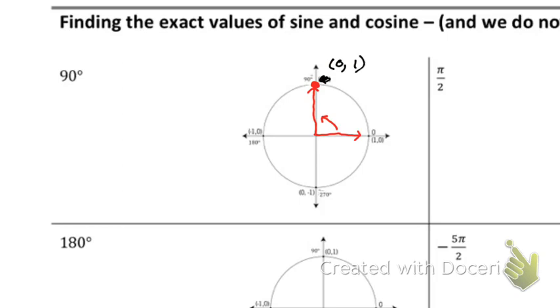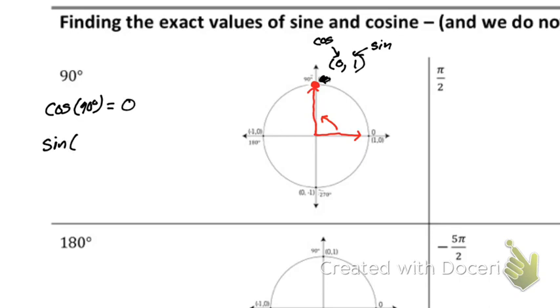Well, based upon what we did on the other side, that 0 is going to be our cosine value, and this 1 is going to be our sine value. And what that tells us, if you want to find the cosine of 90 degrees, and you plug this in your calculator, you're going to come up with 0.